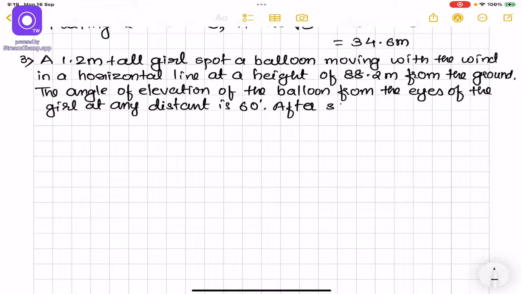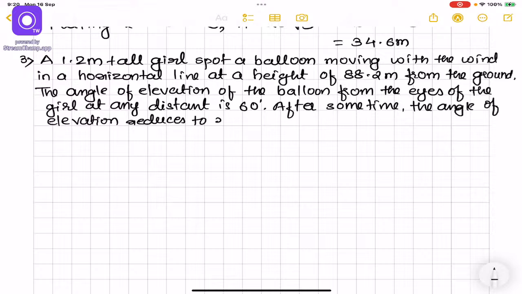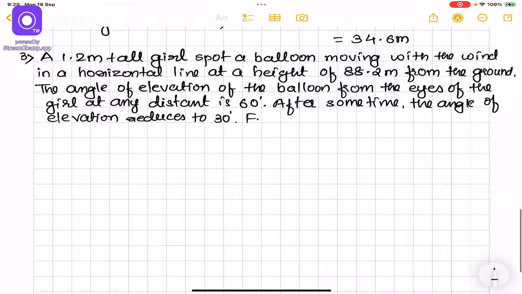After some time, the angle of elevation reduces to 30 degree.